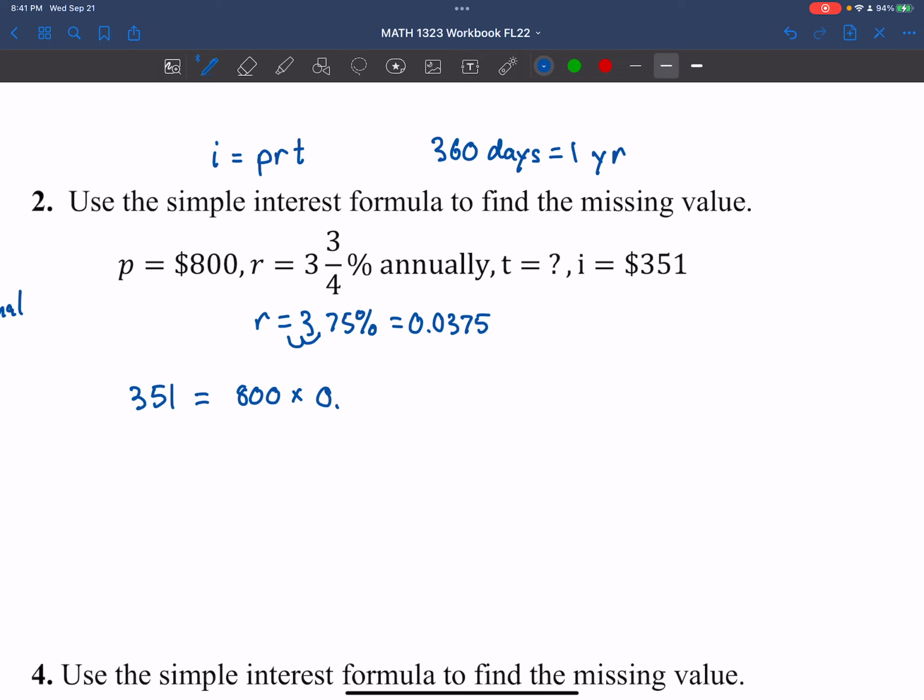I always like to write the 0 in front. To solve this, we'll just have to divide both sides by this constant in front, which is the product of 800 and 0.0375. So divide both sides by that product.